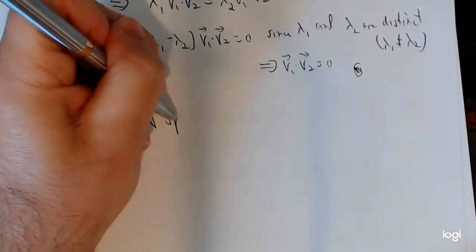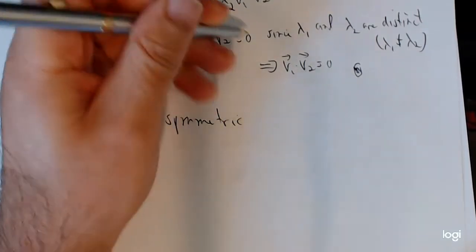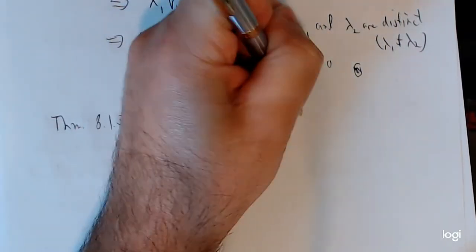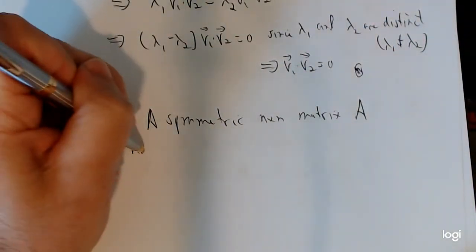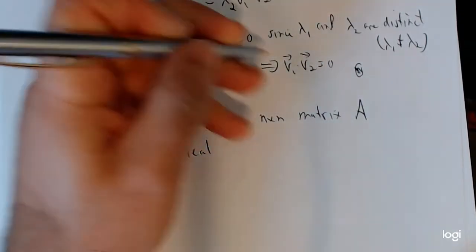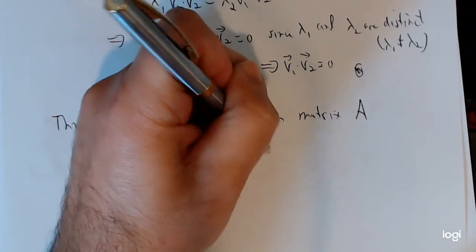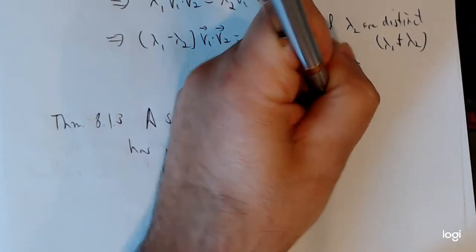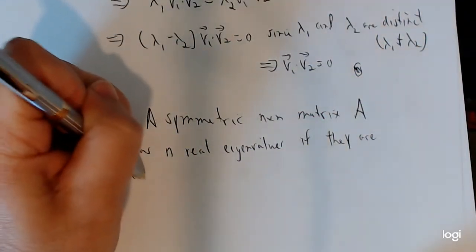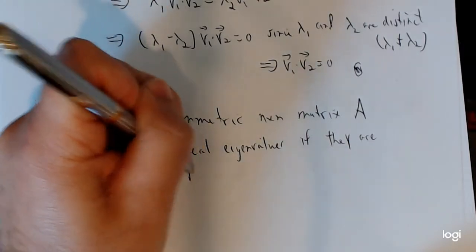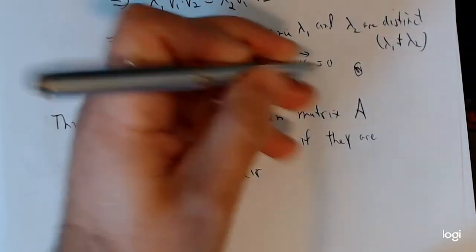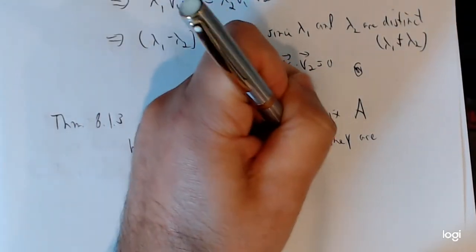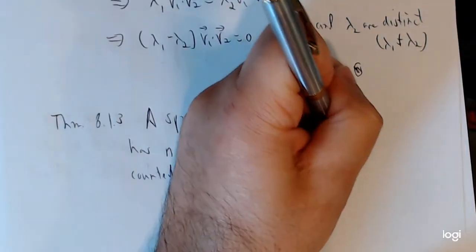So this says a symmetric n by n matrix A has n real eigenvalues if they are counted with their algebraic multiplicities.